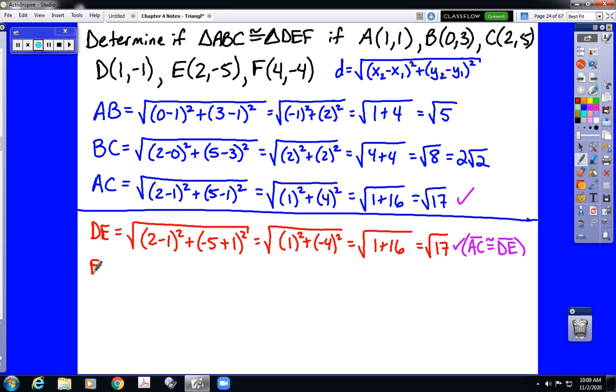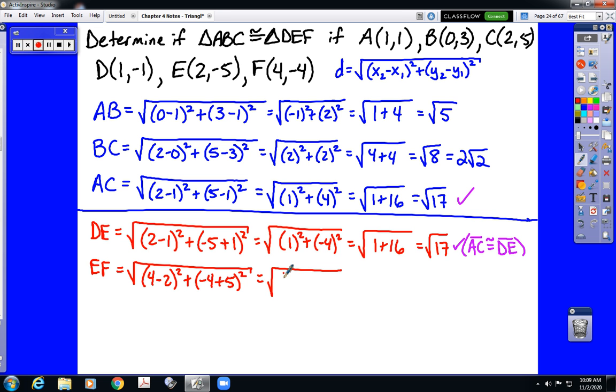Say we decide to do E and F next. So EF, we've got x1, y1, x2, y2. So that would be 4 minus 2 quantity squared plus negative 4 minus negative 5 quantity squared. Again, when we subtract that negative 5, that's going to become a plus in the distance formula.